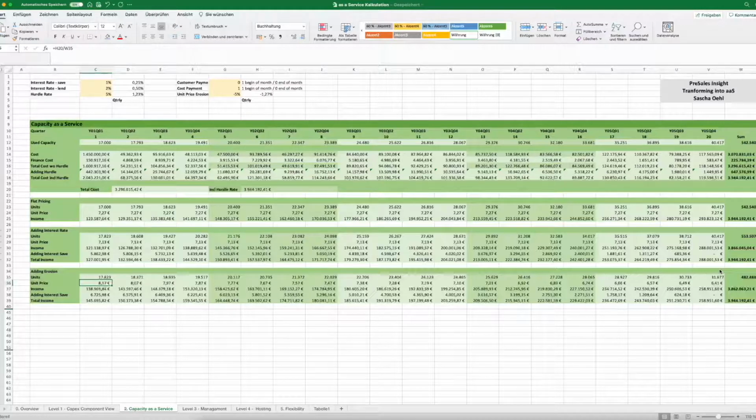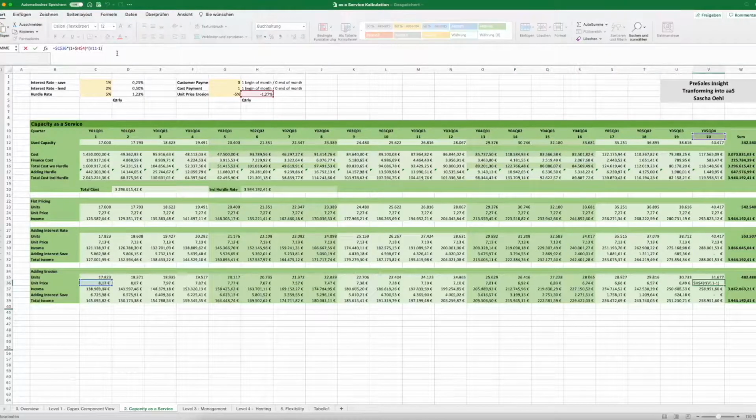Going for the second quarter, we see that the price erosion kicks in. We have it here. It's working with the power of 2 minus 1, and it brings us down to a price of 8.07. And this is what we're doing quarter by quarter until the 20th quarter.